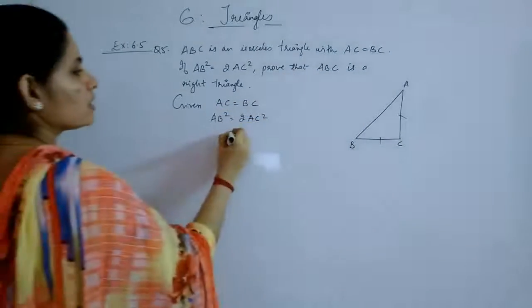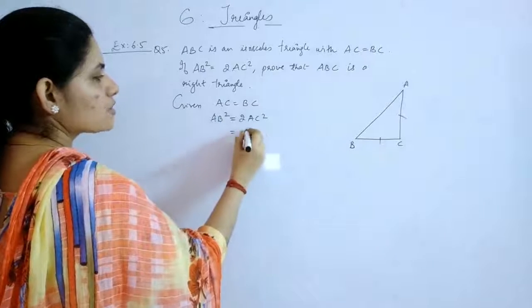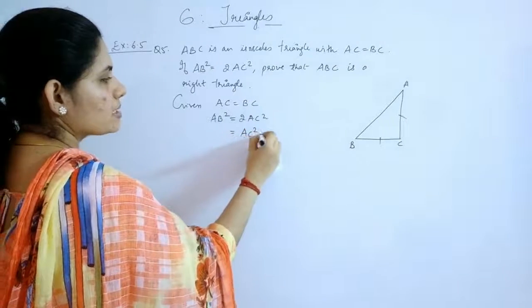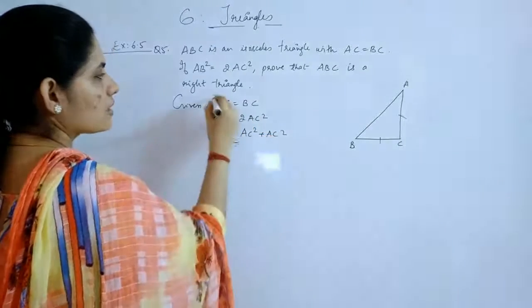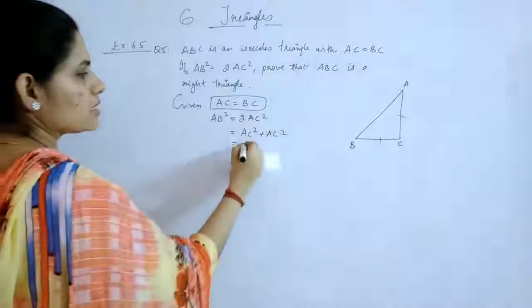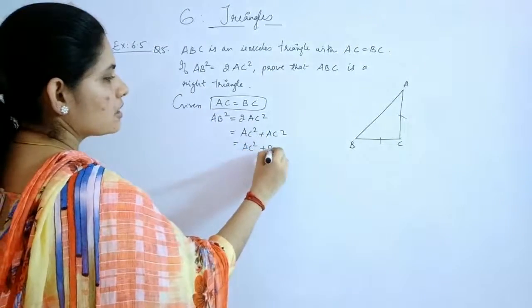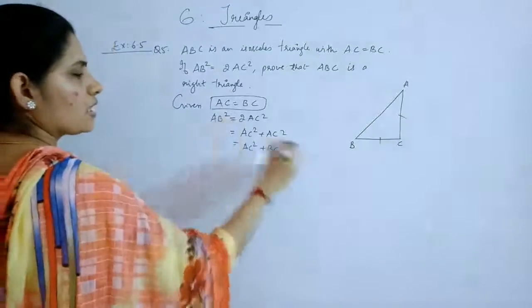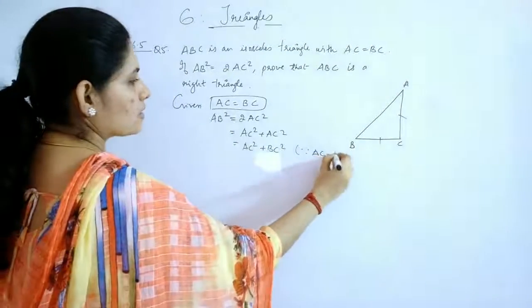So we are just splitting 2AC square as AC square plus AC square, and we can replace one of the AC with BC since AC is equal to BC. So you will get AC square plus BC square. Okay.